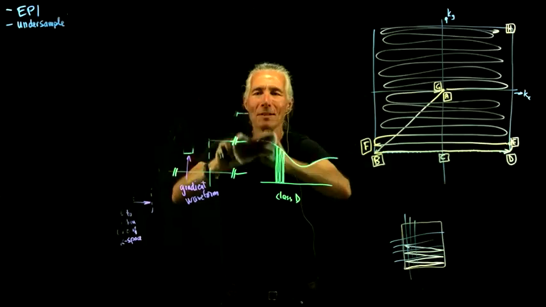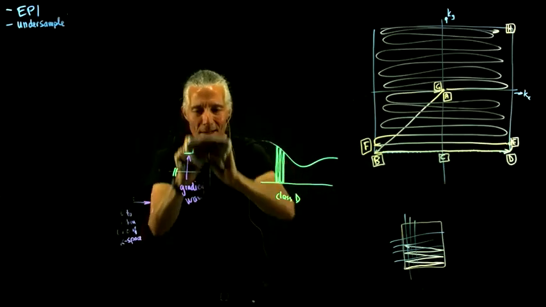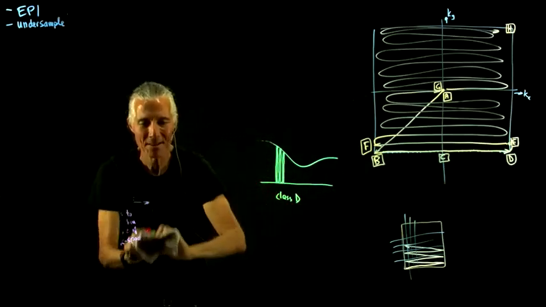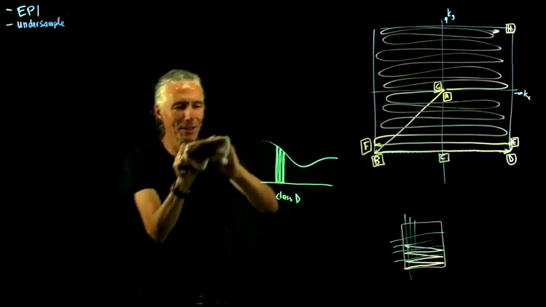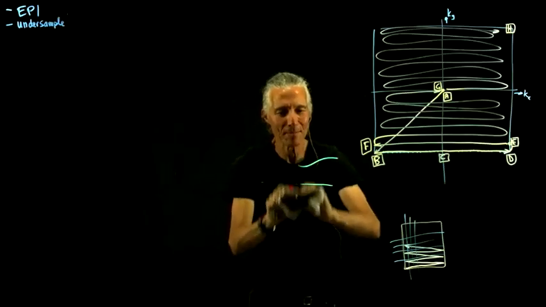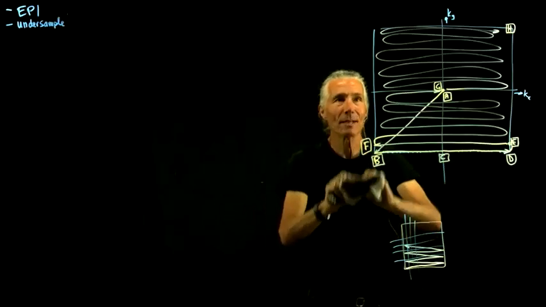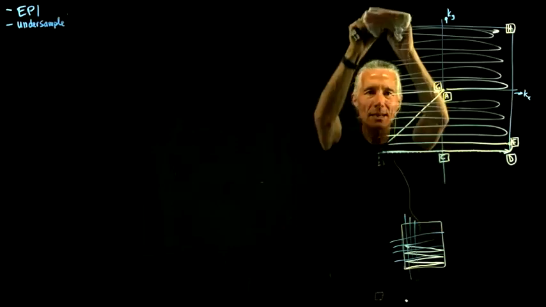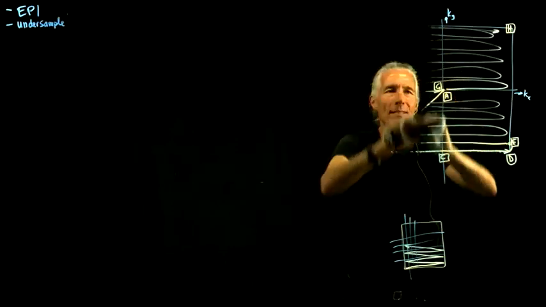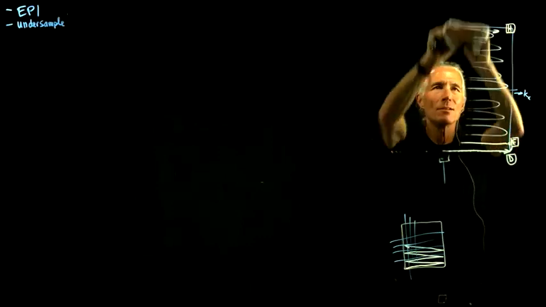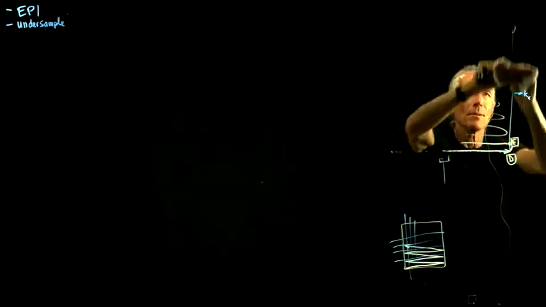Hopefully we'll go over the Fourier convolution theorem version of it, and perhaps that will be clearer. And it's related. There's many different ways that we can try to undersample.